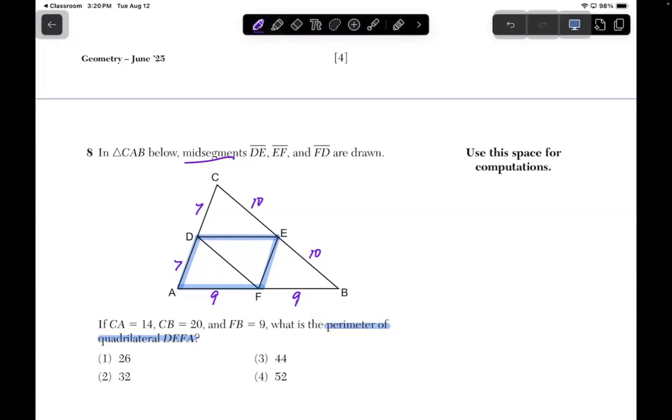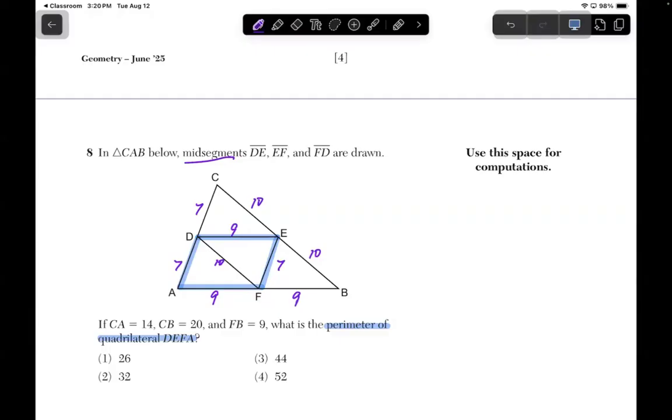We could go through a proof as to why, but we don't have to. It's because these are all mid-segments, and so they're all being cut in half. So if this is 9, this also has to be 9. And then this is going to be 7. And then this would be 10. We don't really need that because they're all the same triangle.